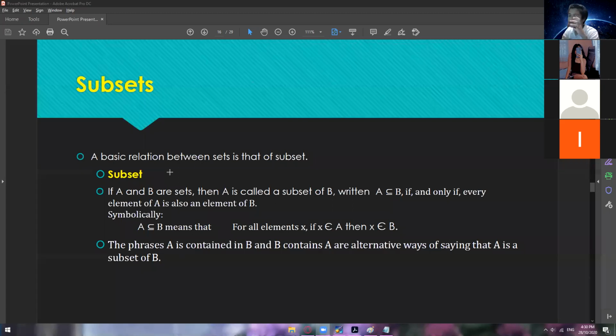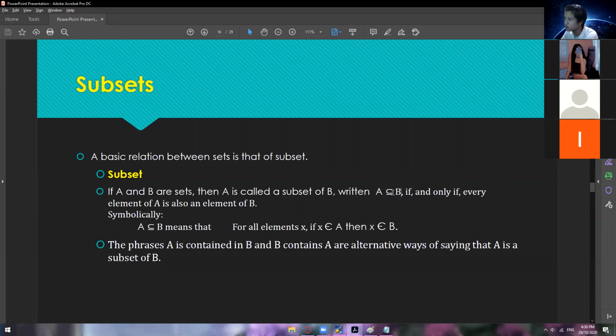To make it simple, let's say we have two sets, A and B. Then A is called a subset of B, written as A ⊆ B. Take note that this is the symbol of a subset. This holds if and only if every element of A is also an element of B.